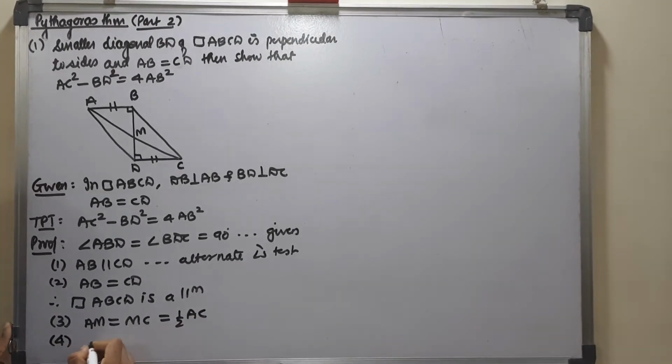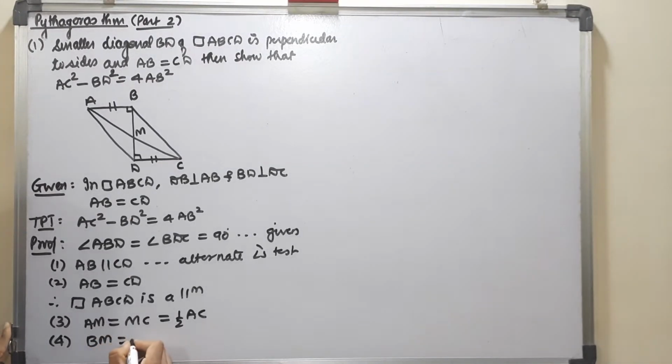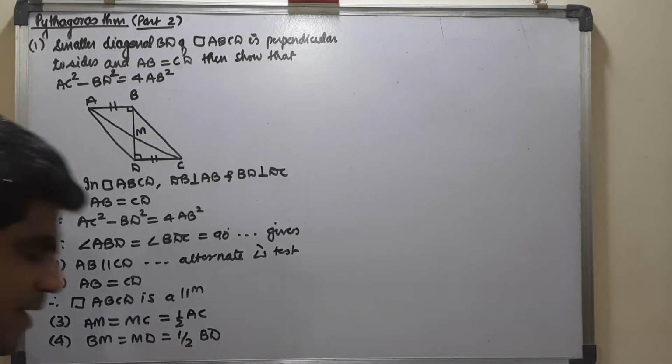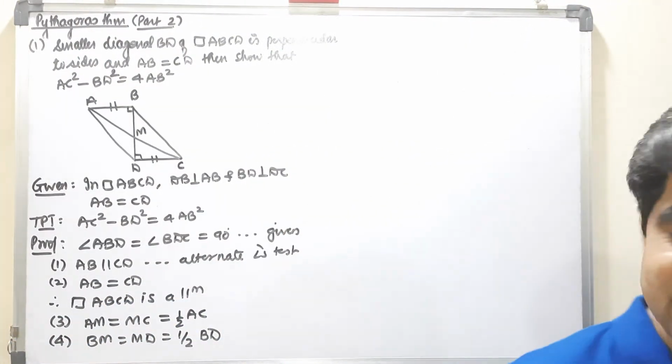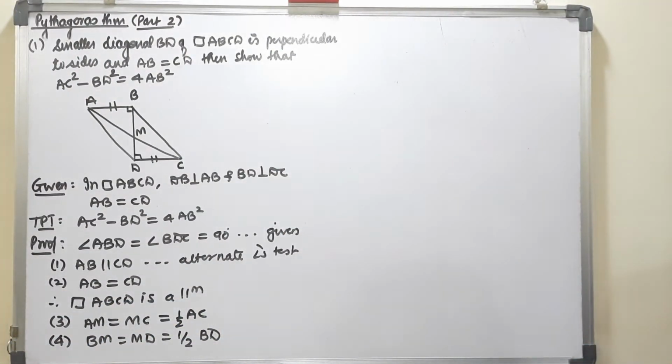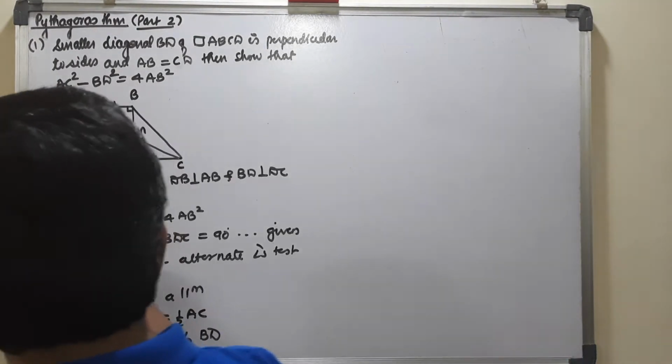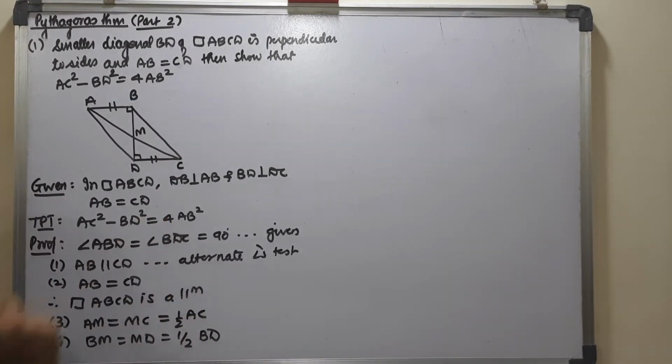Similarly, the length of BM is equal to MD, and that is half the length of BD. Agreed? AM and MC are half of AC, and similarly BM and MD are half of BD.